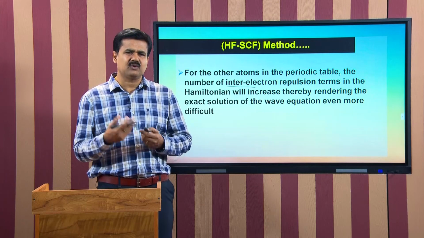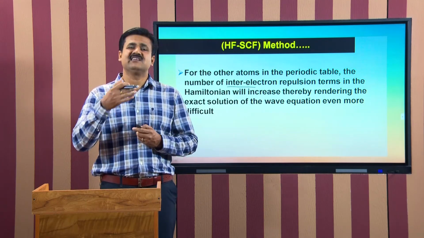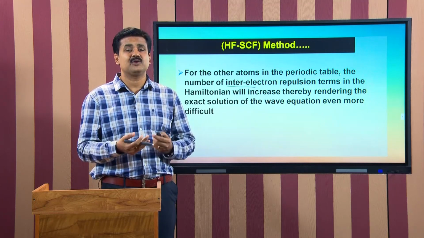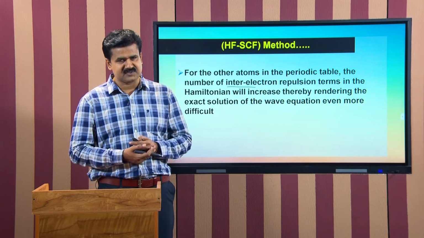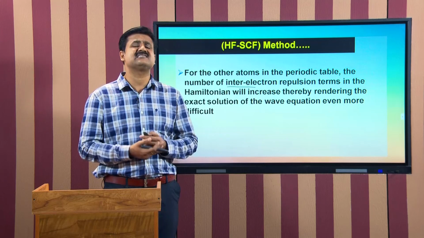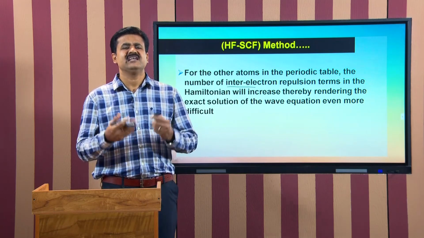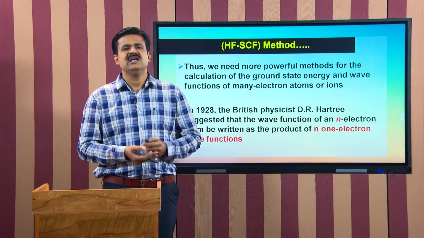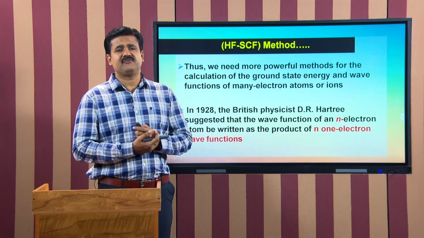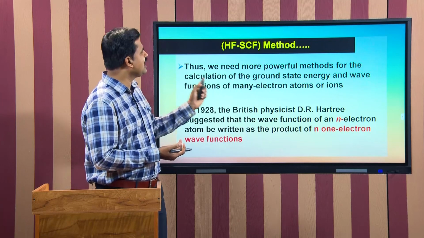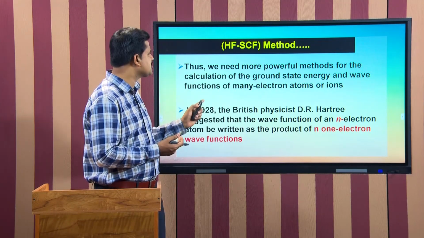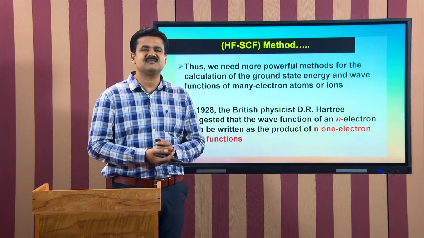This is because of the large number of interelectron repulsion terms that may appear in the Hamiltonian of the concerned systems. Hence, getting an easy solution for the Schrödinger wave equation is a very difficult task.